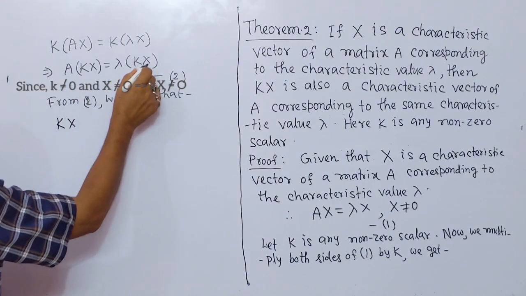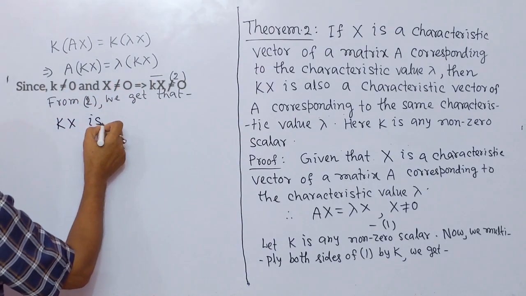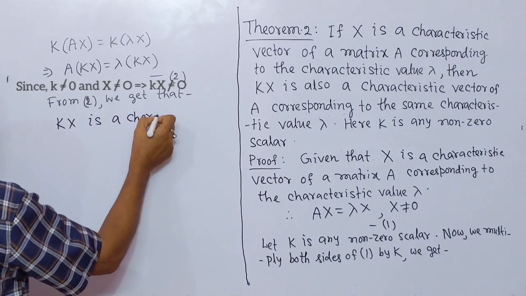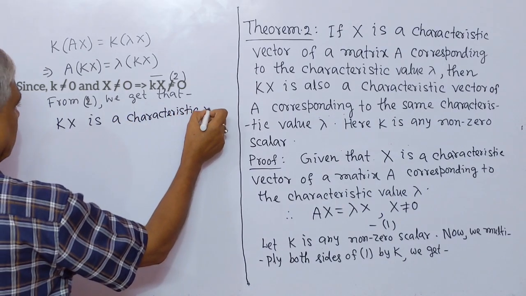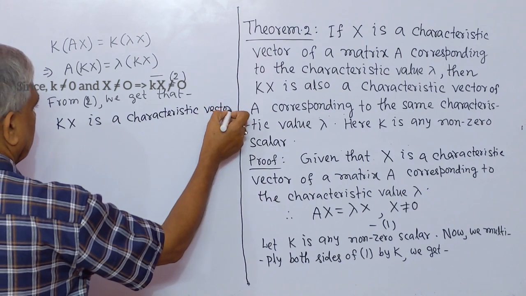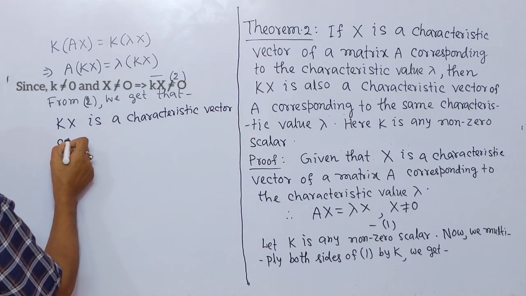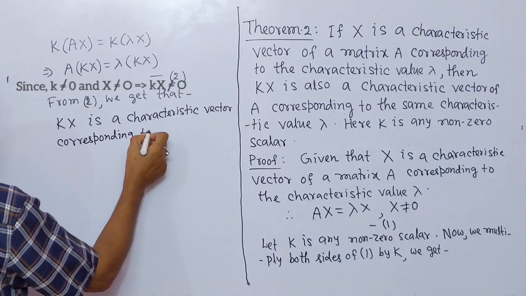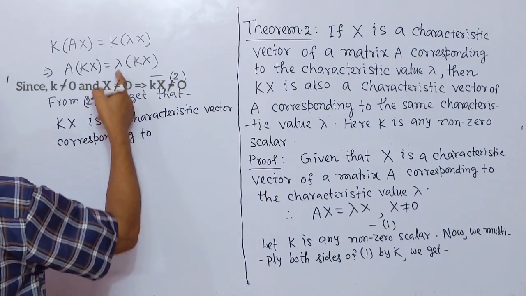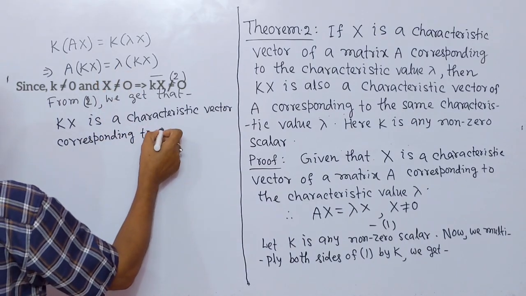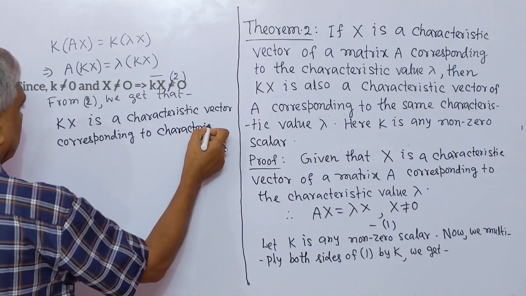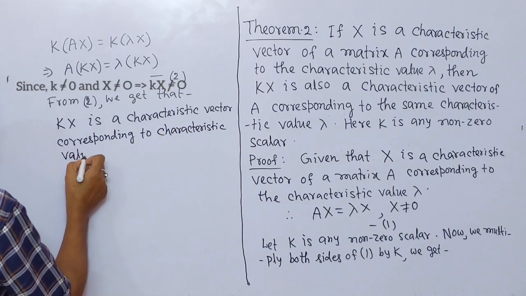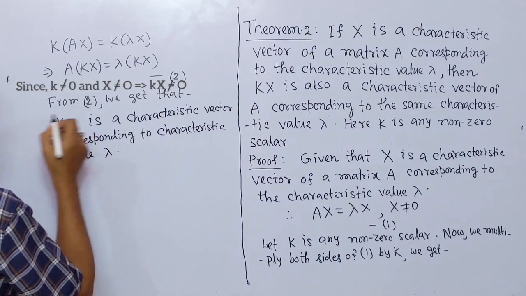Kx is a characteristic vector corresponding to here characteristic value lambda.